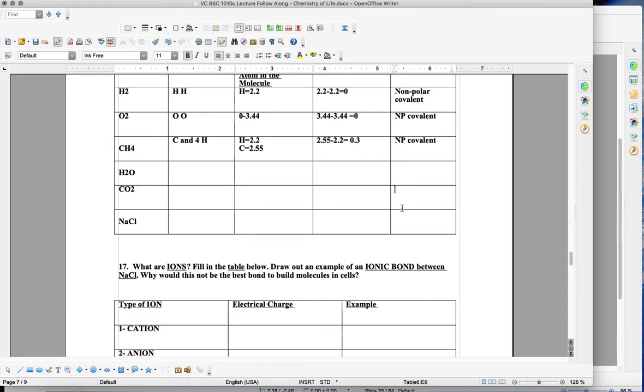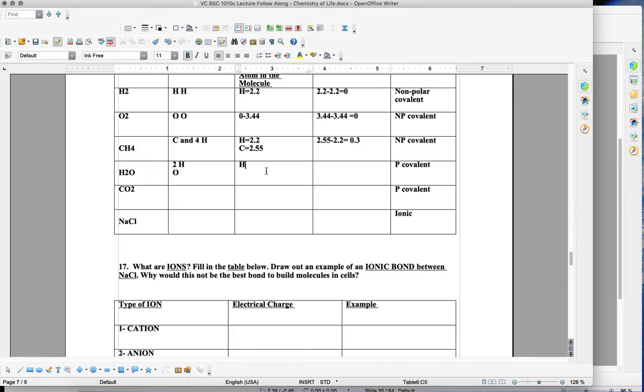So this is going to be polar covalent. This is going to be polar covalent. And then this is going to be ionic. So let me show you an example of this one. So let's do H2O. You're going to have 2 hydrogens and 1 oxygen.